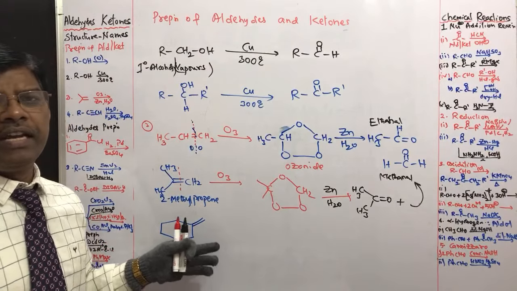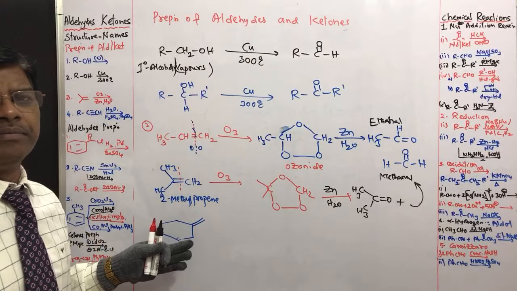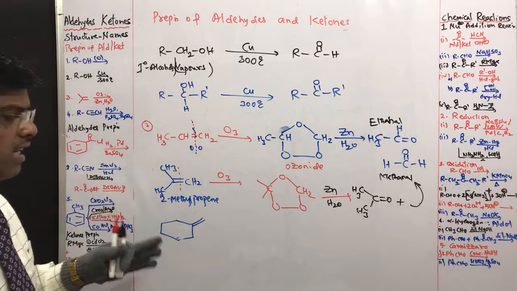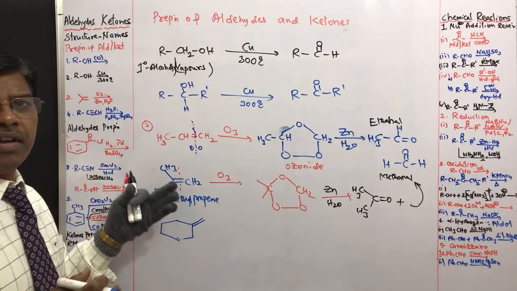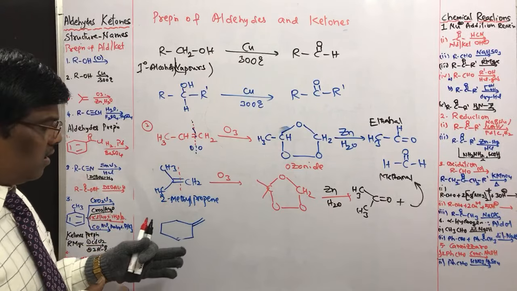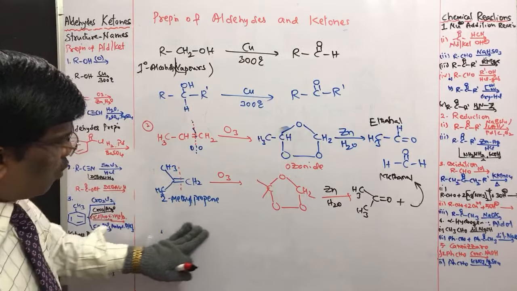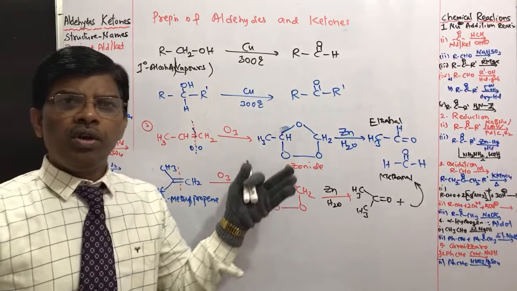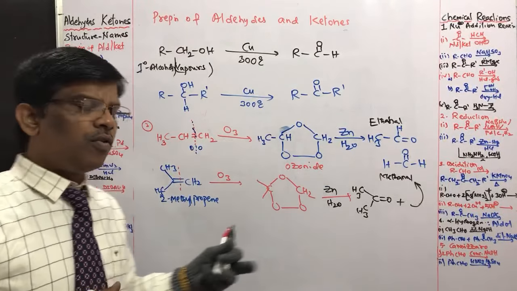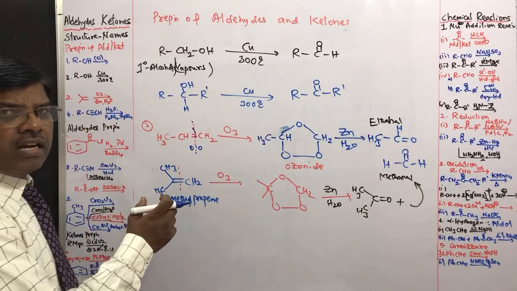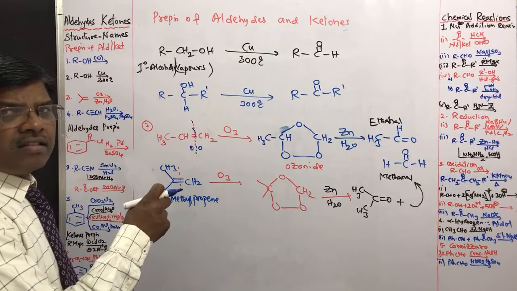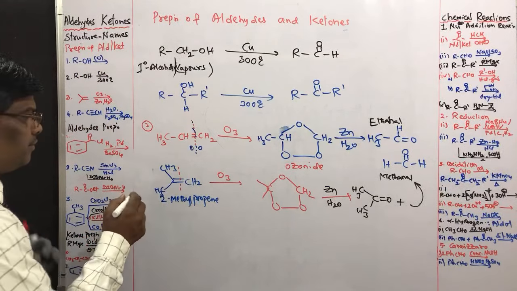It has been asked every time in JEE Mains and NEET, even in 2020 you got this question from ozonolysis. So please go through the complete detailed mechanism of ozonolysis that we learnt during the previous class, the hydrocarbons lesson.